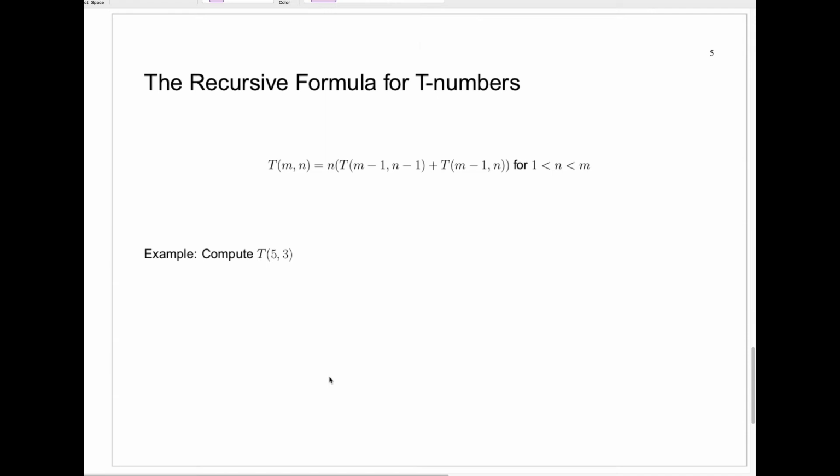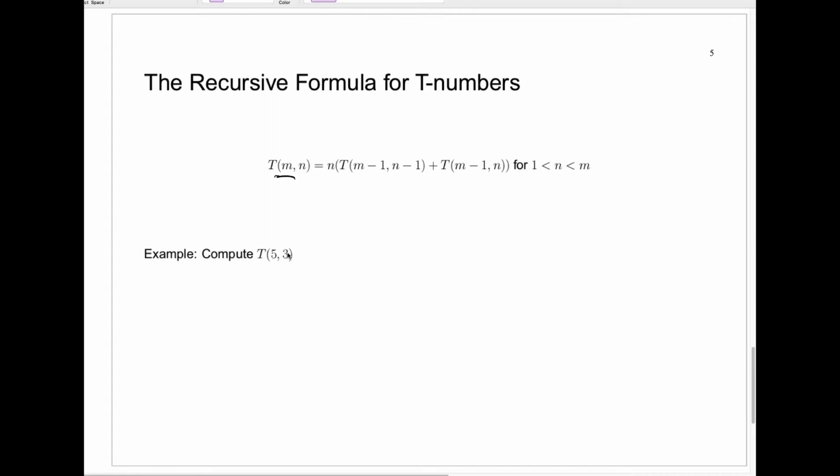Well, here's that same recursive formula that I just wrote down. T_{m,n} is n times T_{m-1,n-1} plus T_{m-1,n}. And I claim now this is true for every number n between 1 and m. Let me show you a quick example of this, and then we'll talk about why this is true. Well, we've already computed T_{5,3}. Remember earlier we asked how many distributions are there of 5 distinct balls into 3 distinct boxes with no box empty.